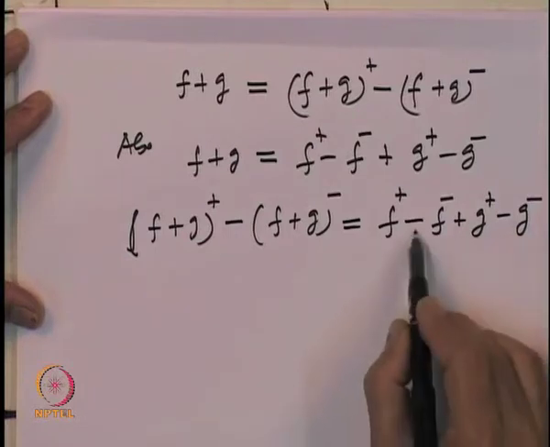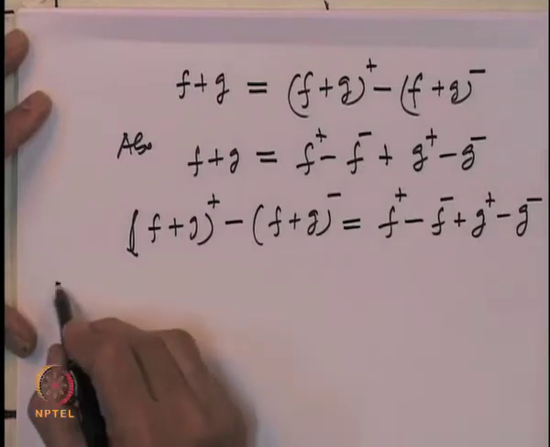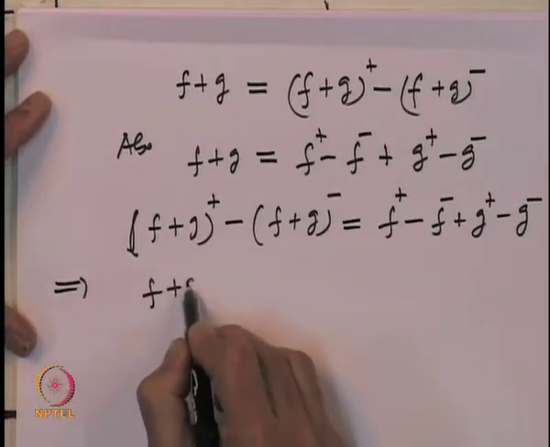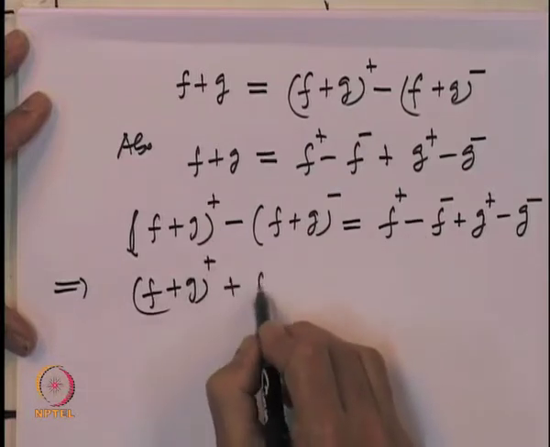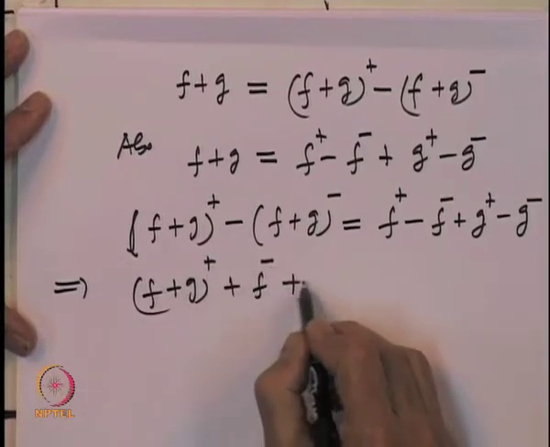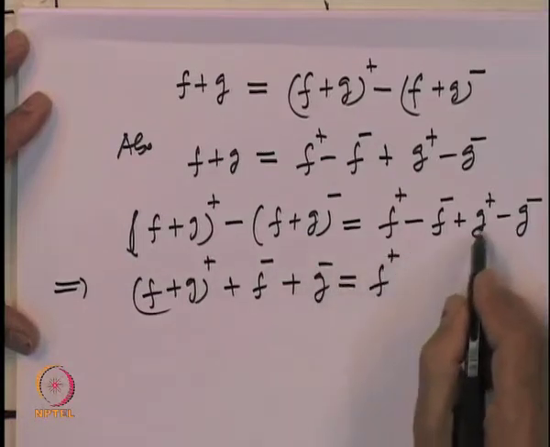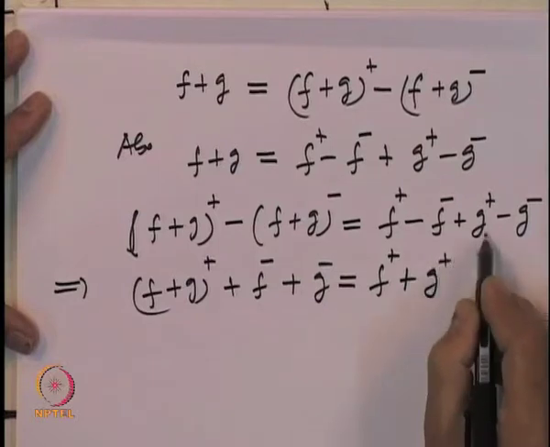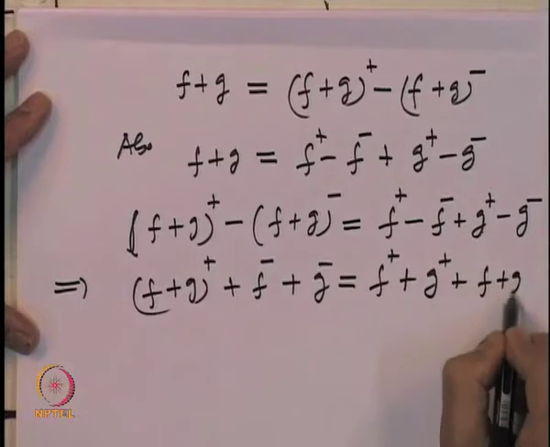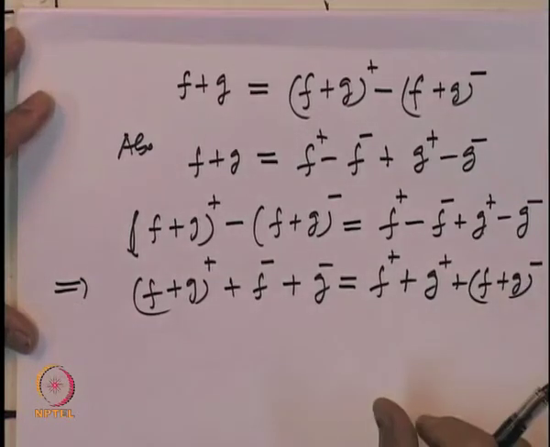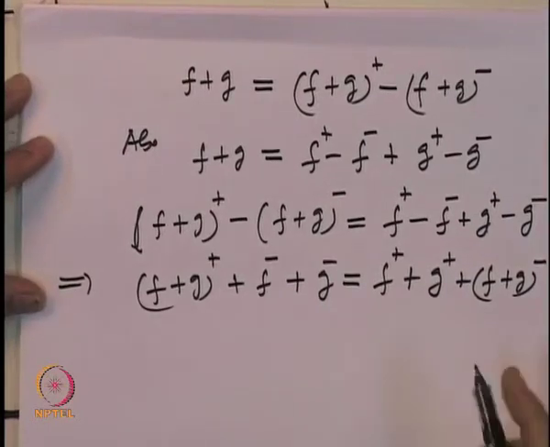And now, what we do is all the negative terms we shift to the other side of the equation. So, this implies that (f plus g) plus, f minus plus g minus is equal to f plus, g plus, and this term on the other side will give me plus (f plus g) minus. So, we just rearrange the terms.